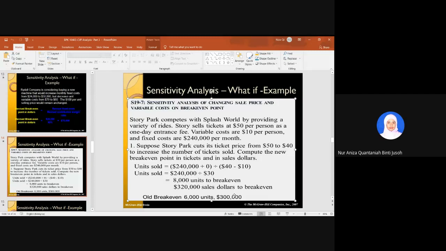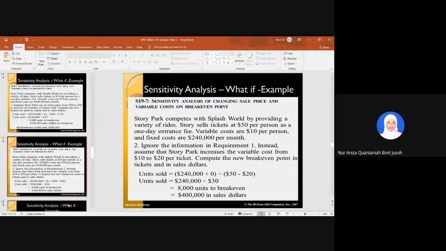Previously their break-even was low, so after 6,000 units they could gain profit. But now the break-even units have increased, so to get profit they will have to sell more than 8,000. So is the decision good in cutting the ticket price? You have to decide based on that. That is the analysis.